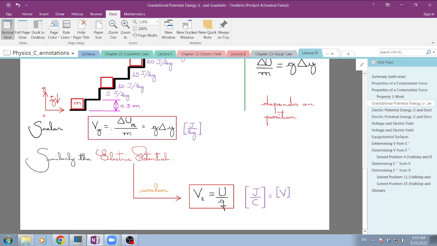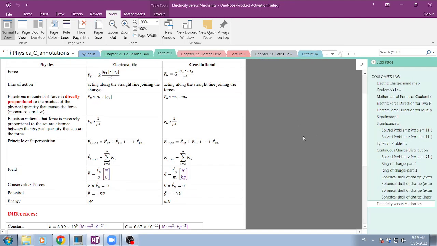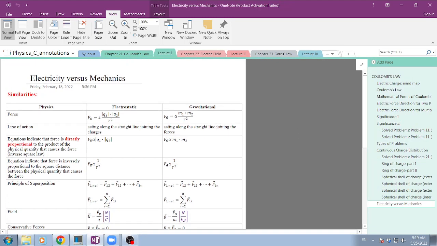In this case, guys, since I've been dealing with this since lecture 1, we know that the electrostatic and the gravitational fields are similar because they have the same mathematical form for the forces, the same mathematical relations for those forces, and exactly the same mathematical formalism for their fields and so on.